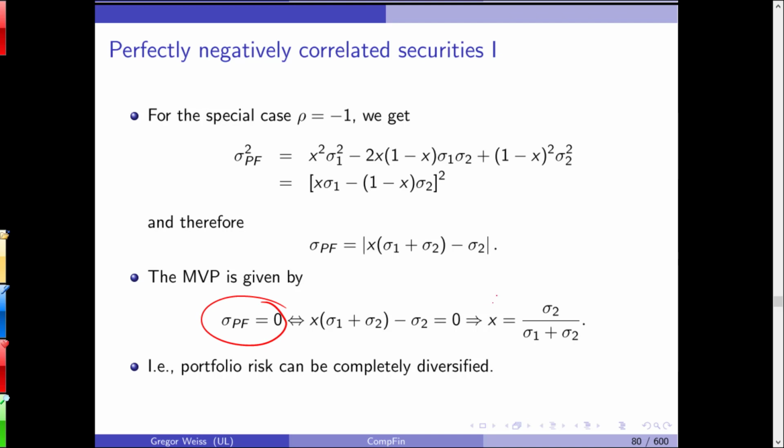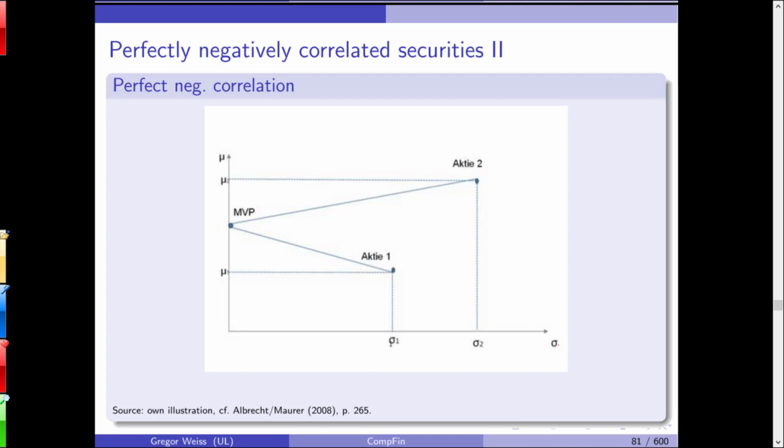And this is the x. And then we'll have this case. Stock 1, stock 2, the minimum variance portfolio, and these two lines, that's M, the set of possible portfolios.